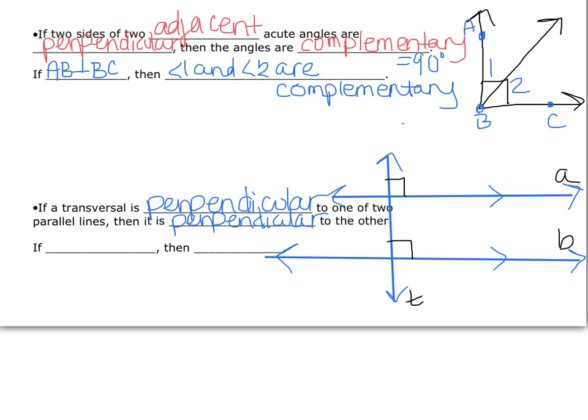That makes sense because this angle is 90, so this angle is going to be 90, because these are corresponding angles and we know their measures are congruent. So if A is parallel to B and if line T is perpendicular to line A, then we also know that line T is perpendicular to line B. If it's perpendicular to one line, it's perpendicular to the other.